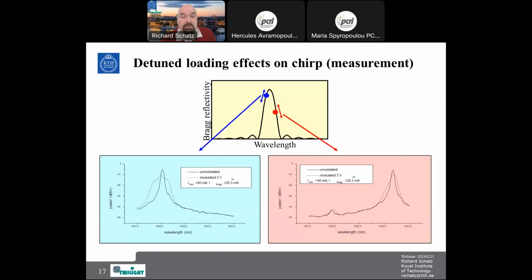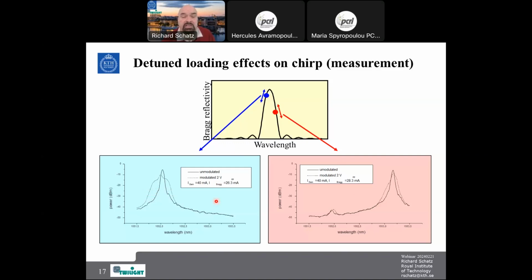Also, the chirp will reduce a lot, and this here is the spectrum during modulation. The spectral broadening becomes much less if you are on the long wavelength flank than if you are on the short wavelength flank when you modulate. And this is because then the structural chirp factor of your laser will reduce.